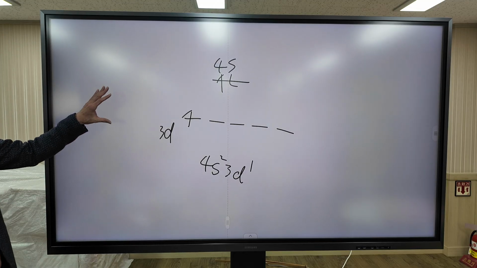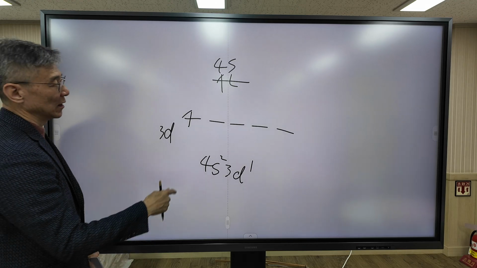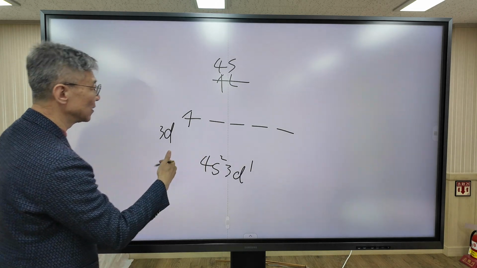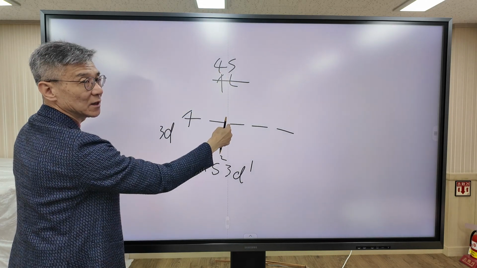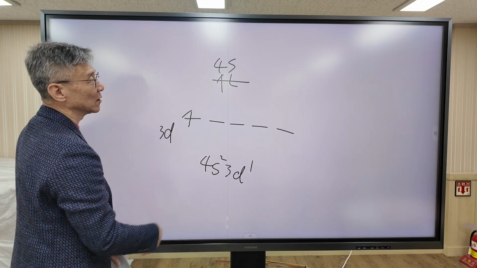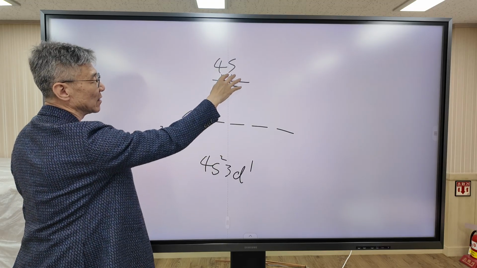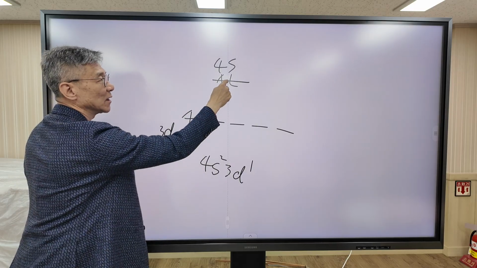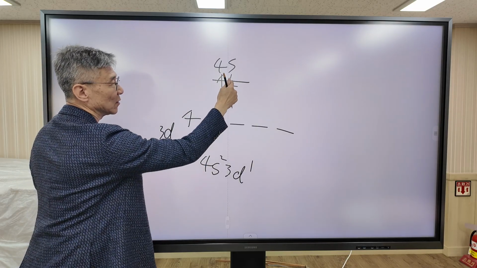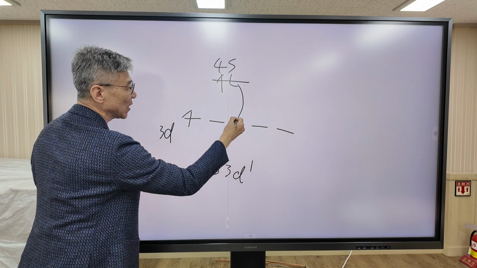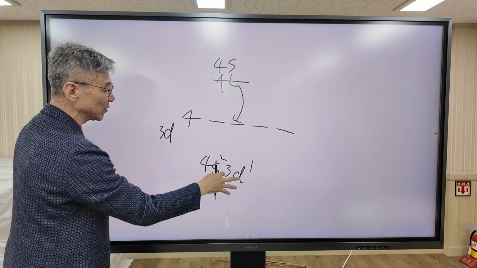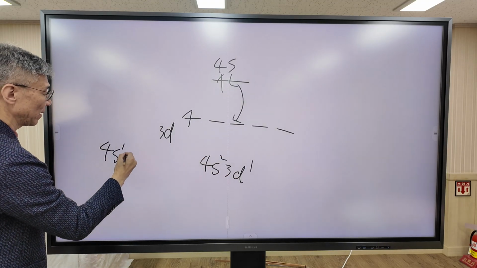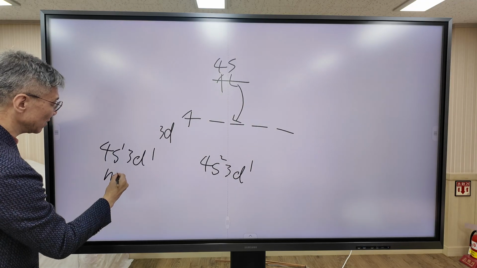When you look at this electronic configuration diagram, you might think that instead of this configuration, when an electron from the 4s orbital goes down to the 3d orbital, it can be stabilized because the 4s orbital is higher than the 3d orbital. If the electron in the 4s orbital goes down to the 3d orbital, it lowers the energy. So instead of this configuration, that one is more stable.